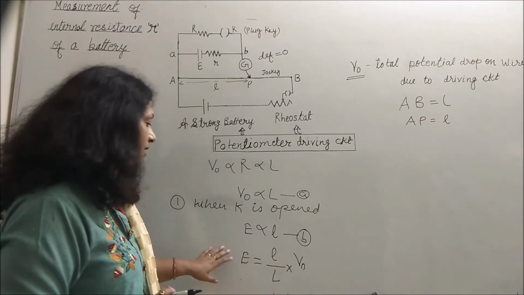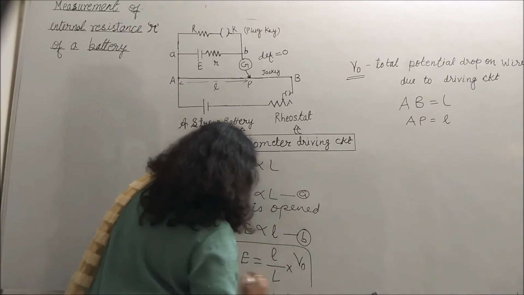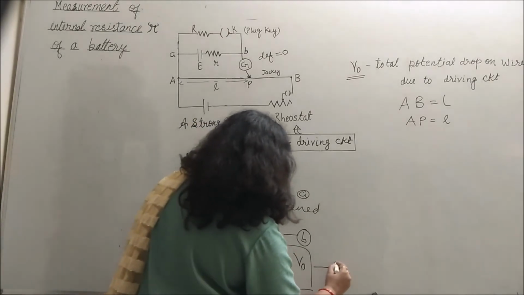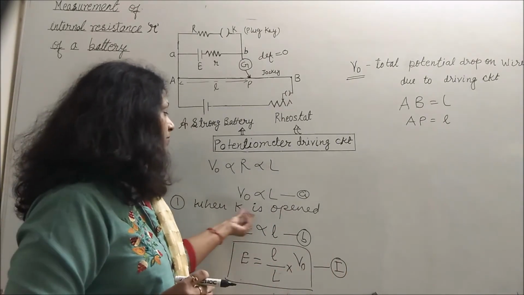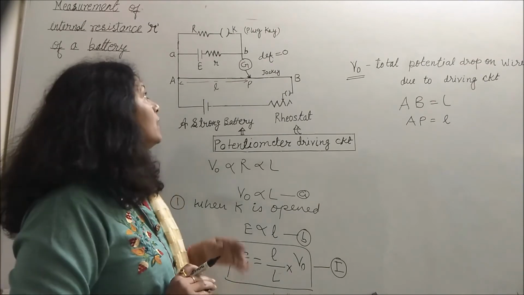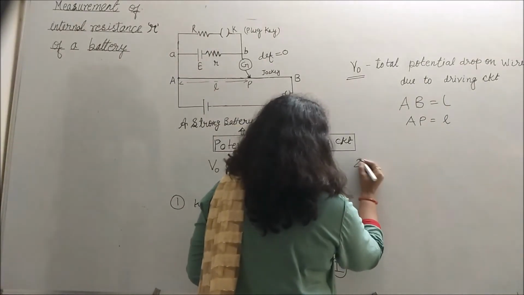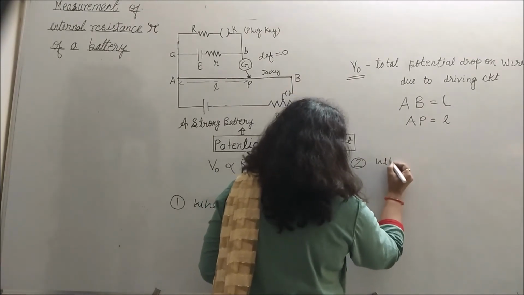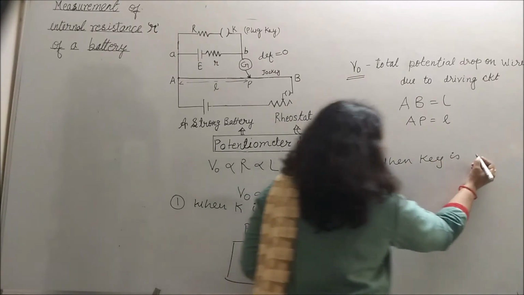So we got a relation, and this is our first equation, obtained when our key K is opened. Now close this switch. Our second case is when our plug key is closed.